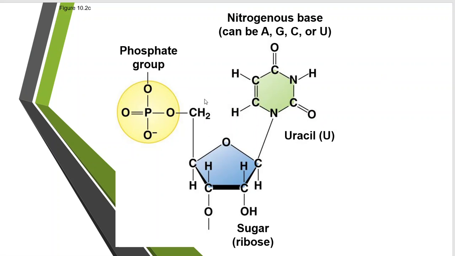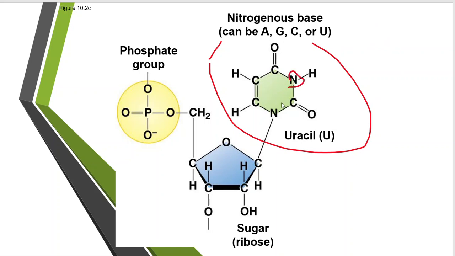So here is our nitrogenous base. This is only one of 5 possible nitrogenous bases. This particular one is only used in RNA. If this were DNA, that would be a T instead of a U. But that's the nitrogenous base, and if you look, there are nitrogens.